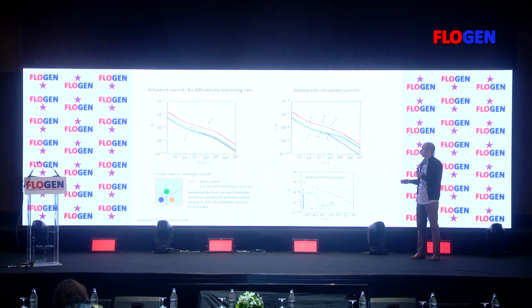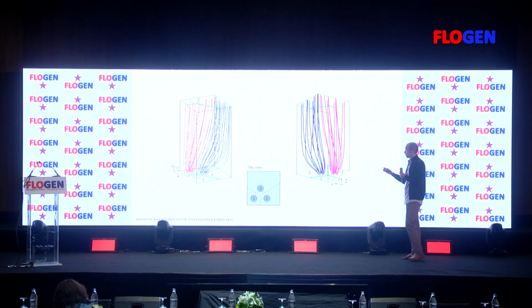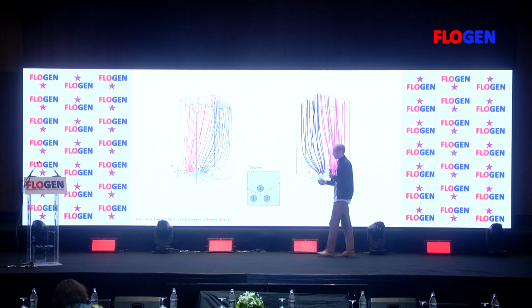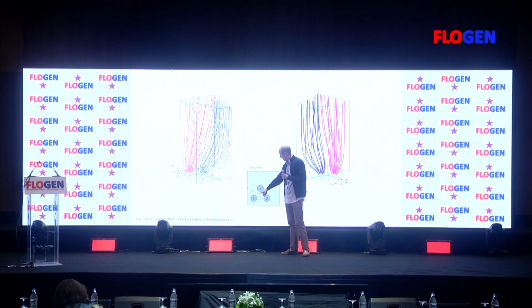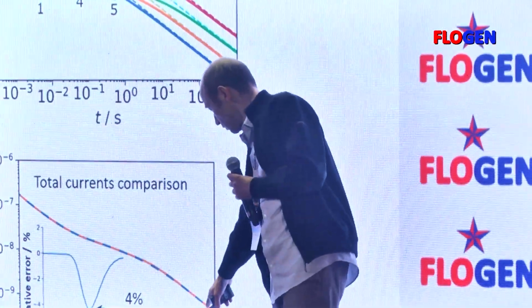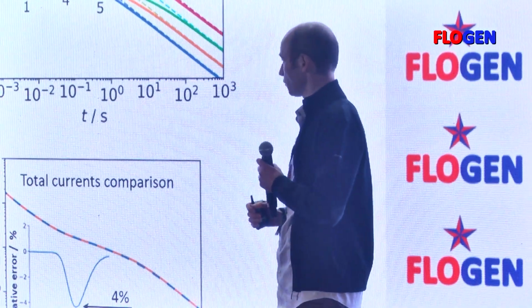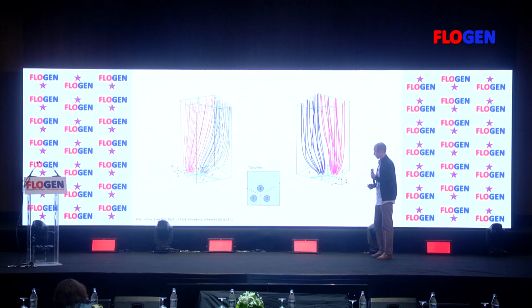And to understand that, we can plot the flux lines, okay, originating from each of the active sites. And what we basically see here is that the active sites with the smaller Voronoi unit cell are basically invading the volume of the active sites with the larger Voronoi cell.